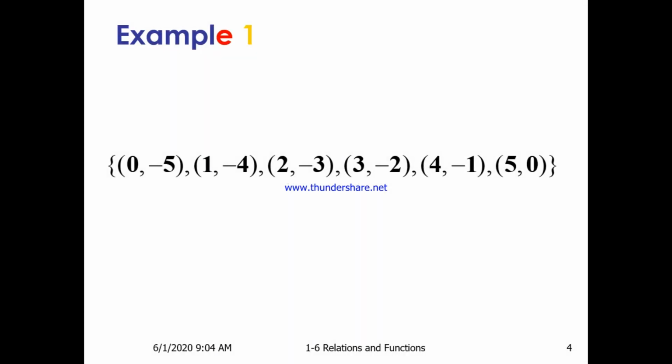Next, example 1. We have here a set of all ordered pairs: (1, 0), (-5, 1), (-4, 2), (-3, 3), (-2, 4), (-1, 5) and (0, ...). So we have 6 coordinates, one set of 6 coordinates here.